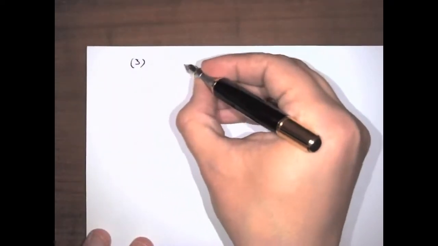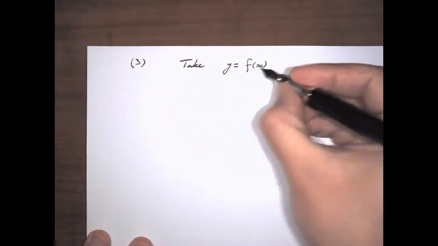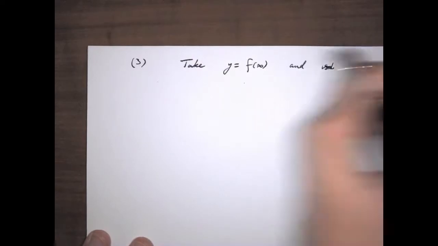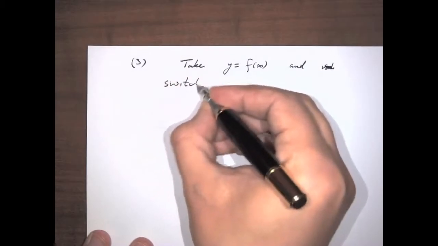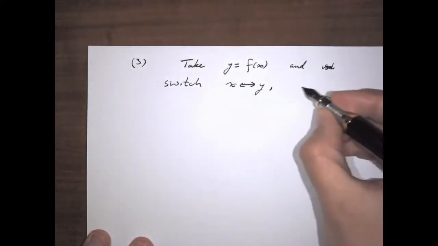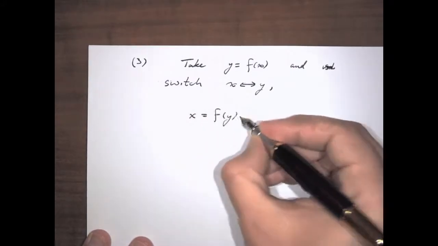And then lastly, another twist on the same idea is that basically if you were to take the equation y equals f of x and switch x with y, then you'd get x equals f of y.